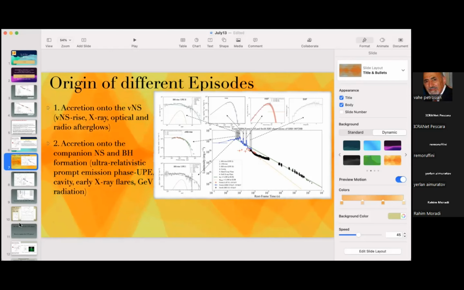Every time it stops, it loses part of the angular momentum, and until the angular momentum decreases to become undercritical, this UPE phase continues to work and emits the majority of the energy, up to 10 to the 54 erg in these first 2 seconds, which you see there in blue. Is that clear? Yes, thanks.